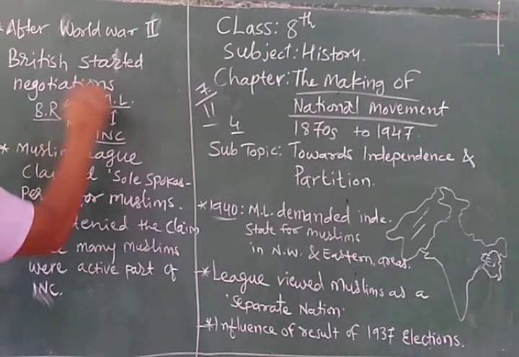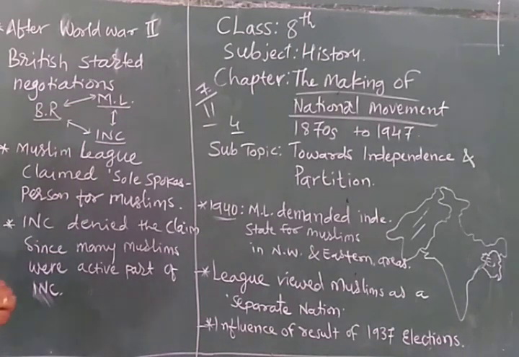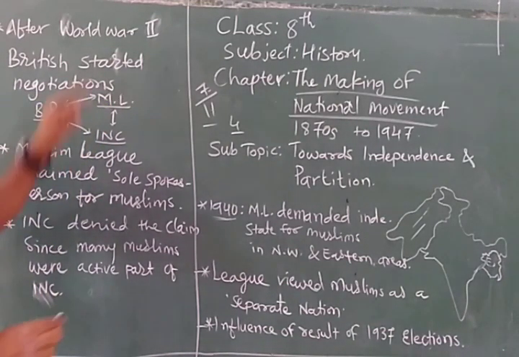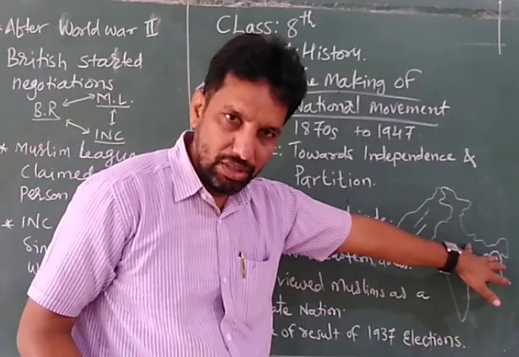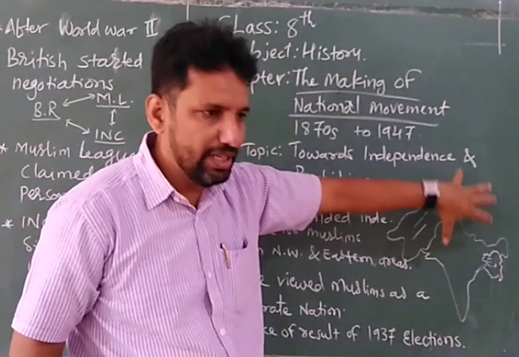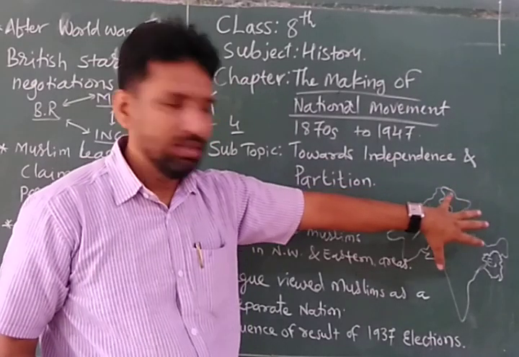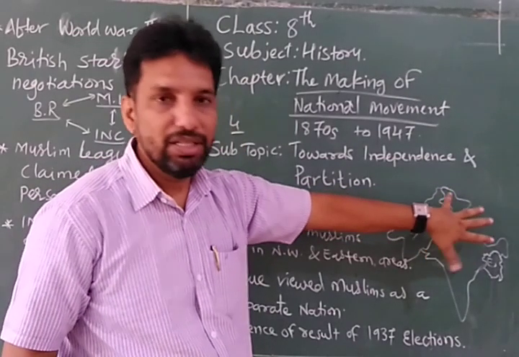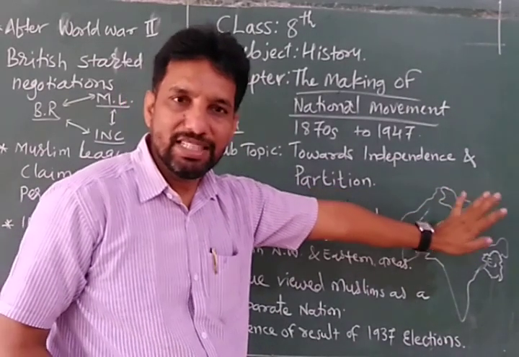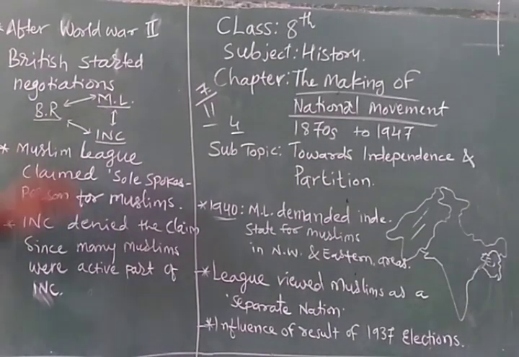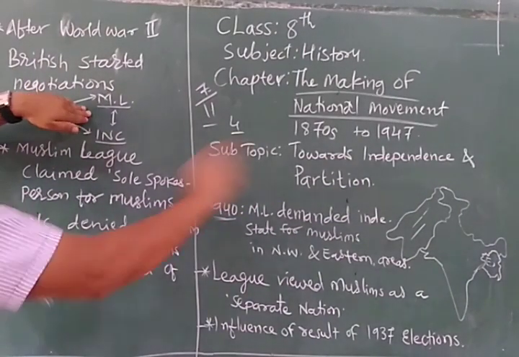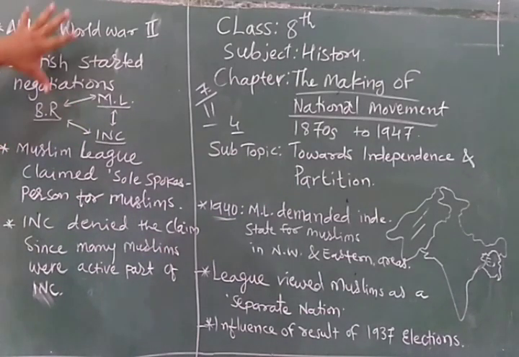These three components now began to negotiate how, as per the demand, a united nation would be granted as an independent nation. What shall be the strategy, or what shall the new nation India be? On that, the negotiations started.